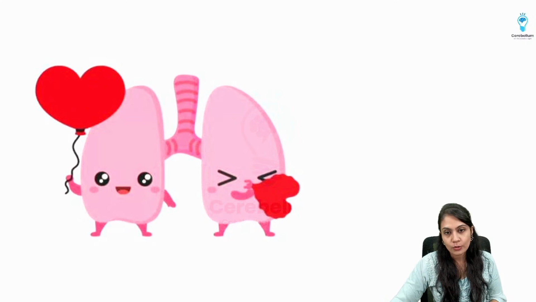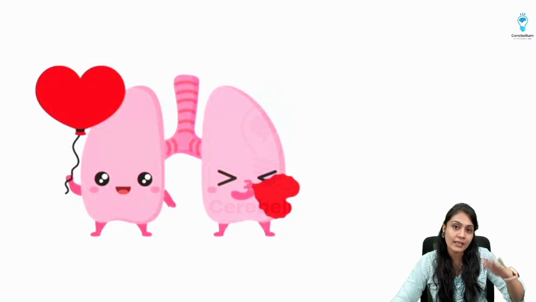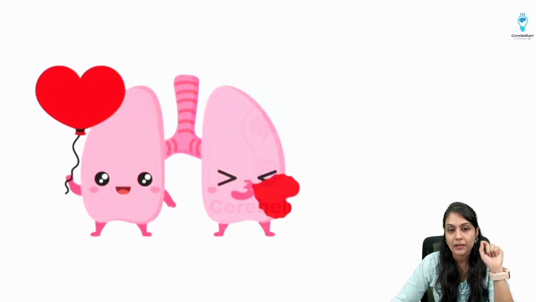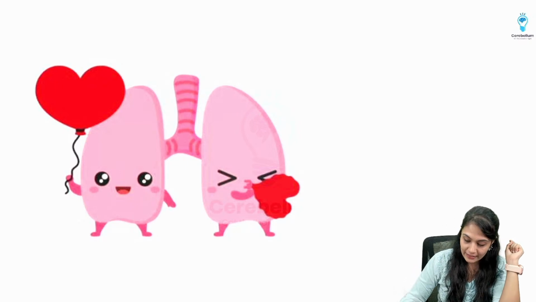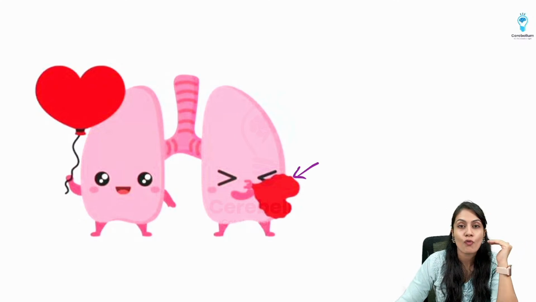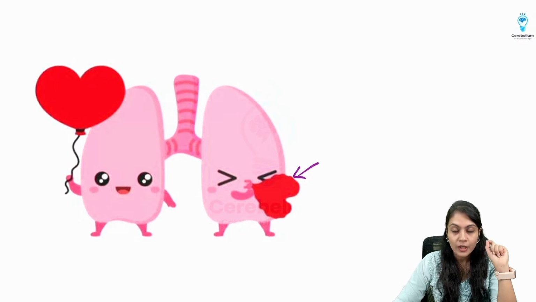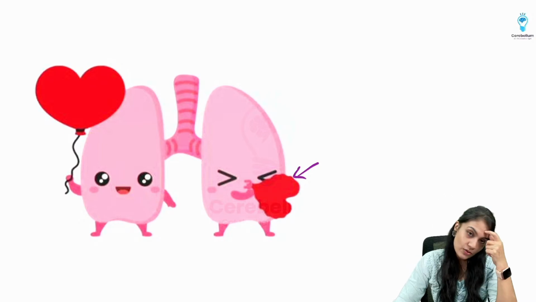As I told you, suppose this is like a balloon. This was a GIF, but since it is not working in the keynote, I am not able to show it to you. What it is doing is blowing the balloon, and you know that if the balloon is already inflated, it's easier to keep it inflated or even inflate it further. But if you start to inflate a completely deflated balloon, much more energy and force is required, right? The same funda we are going to apply in the case of lungs also.